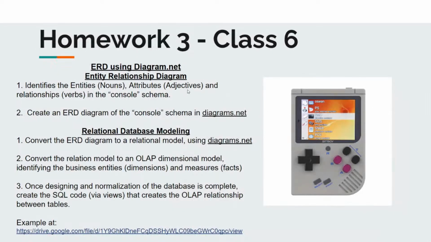Then we'll take a break after I describe homework 6. This is going to be a little bit simpler. I sent out the updated template that includes homework 6. So it identifies the entities. What you'll do is take the console schema, identify the entities, attributes, and relationships in the console data, and then create a small ERD diagram of the console schema in diagrams.net.